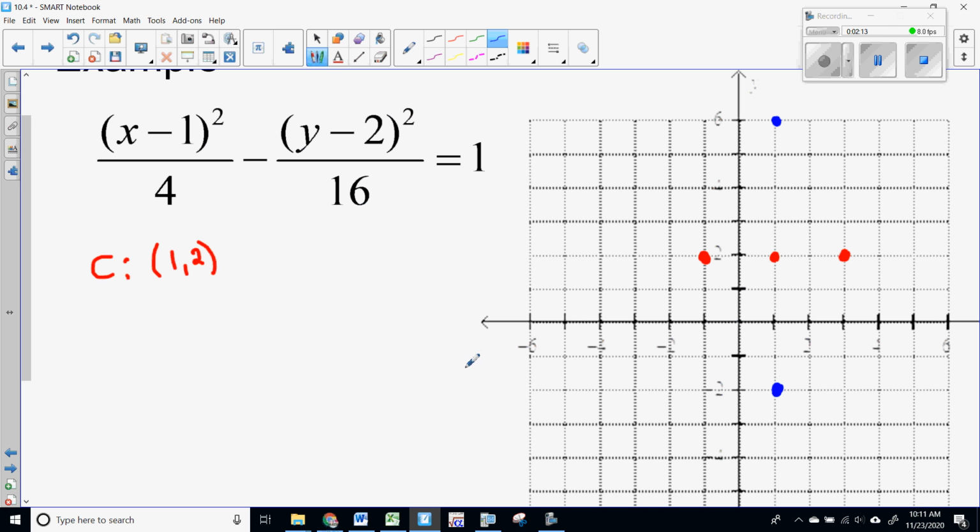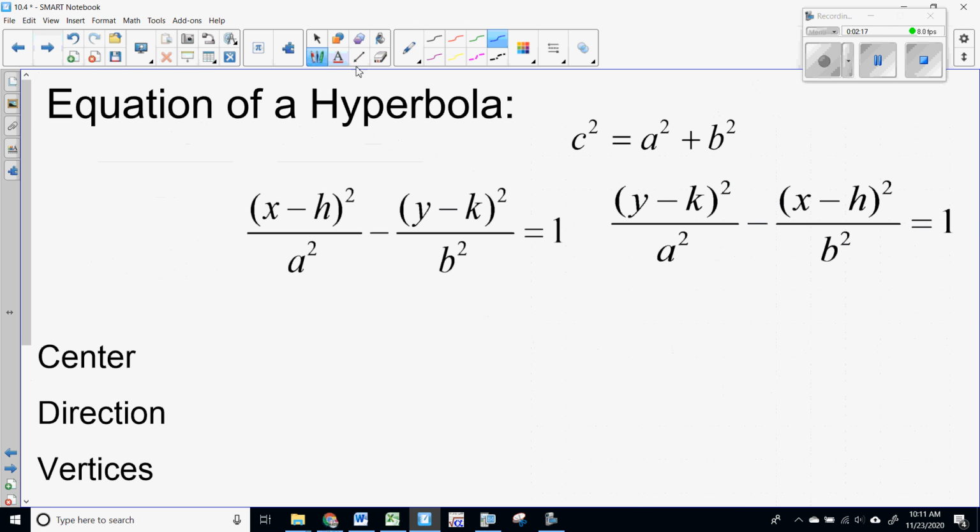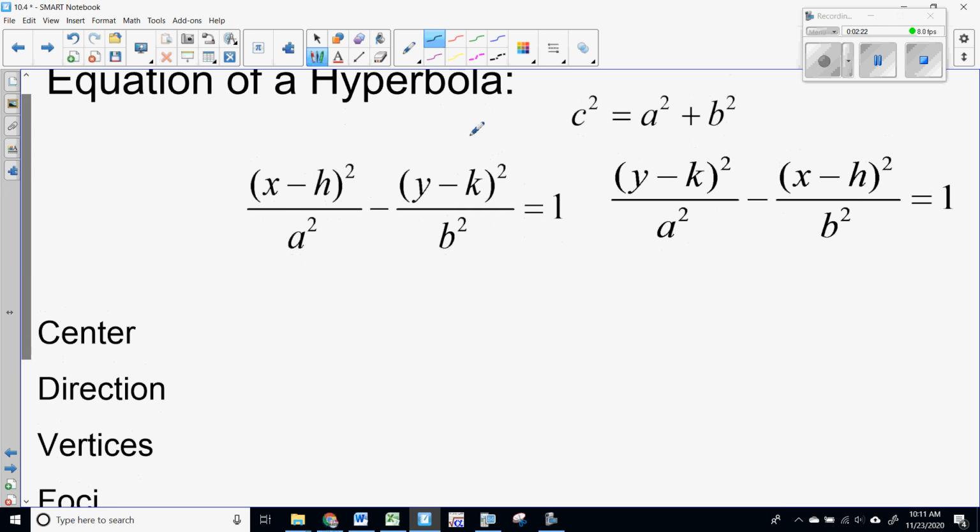Now, from this point is where things change a little bit. So let's look at some of our changes as we go through. First off, you'll notice the first change is c squared is a squared plus b squared. The second change you'll notice is the a squared is always first. That has to do with subtraction, the order matters.